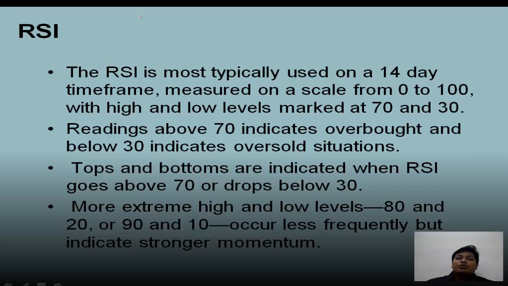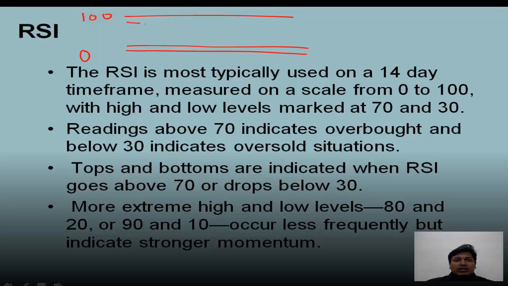The RSI is most typically used on a 14-day time frame, measured on a scale from 0 to 100 with high and low levels marked at 30 and 70. I told you RSI is an oscillator indicator. It has to move between the values of 100 and 0, but the sensitivity of this indicator is always marked at 70 and 30.